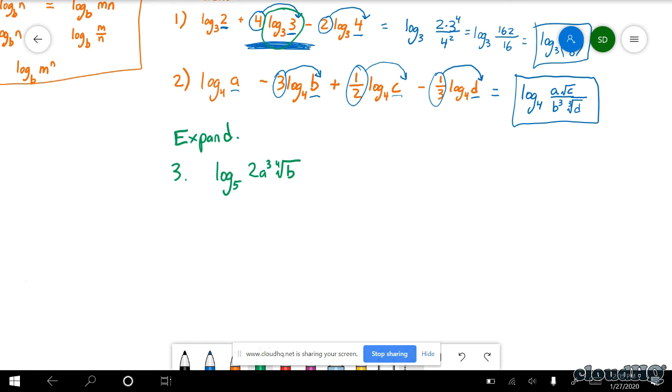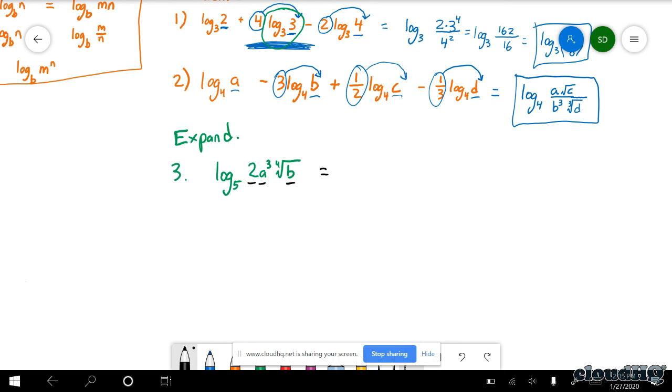So my first question is, how many logs will we have in this problem? There will be 3. We'll have to have a log of the 2, a log of the A, and a log of the B. We have basically 3 bases there, so we're going to have 3 logs. Each of them will be a log base 5.